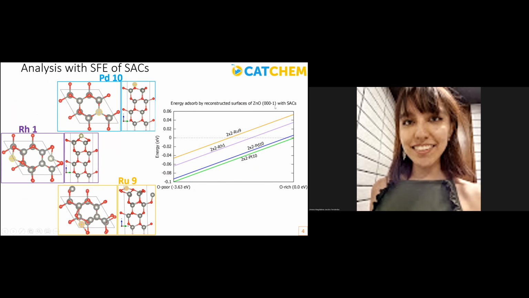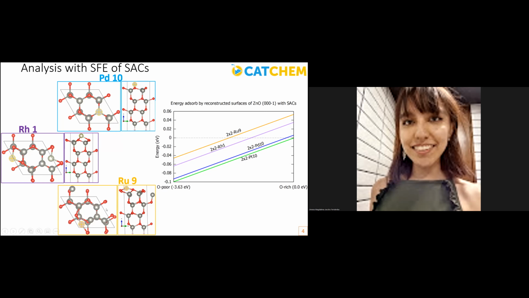Then we decided to compare the most stable surface with the combinations of the other three elements. Here we can see that palladium has a similar single atom adsorbed in the oxygen vacancy, while rhodium didn't adsorb in the oxygen vacancy but was close to it, which is relevant, like a sign that this area around the oxygen vacancy is relevant.